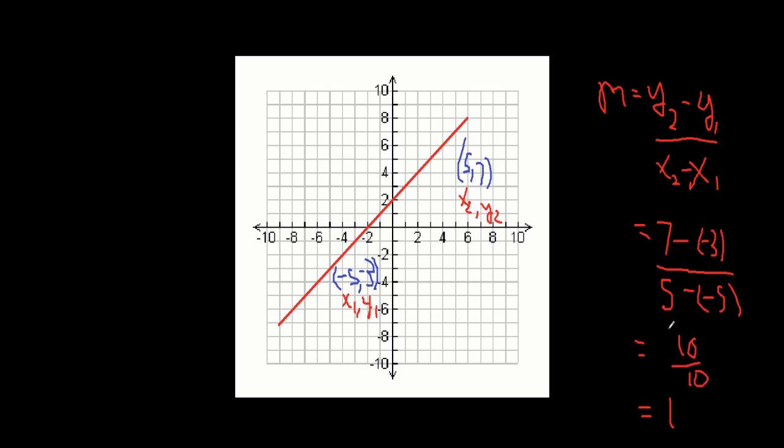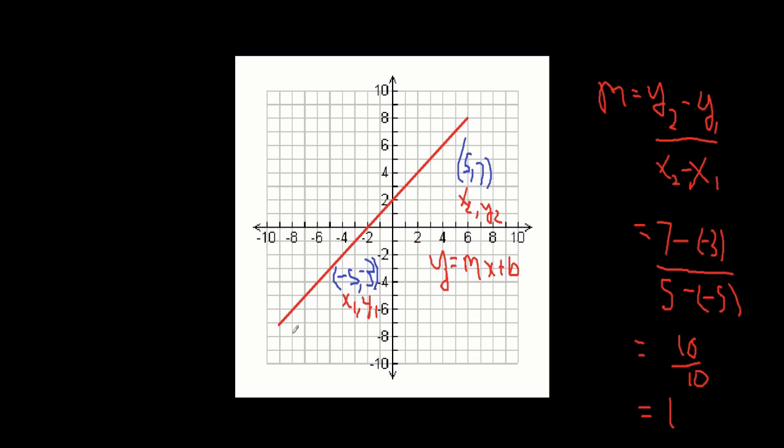So we can even take this a step further and try to find the equation of this line. If you remember in our video on partial variations, we looked at the equation y equals mx plus b, where m is our slope and b is our y-intercept.